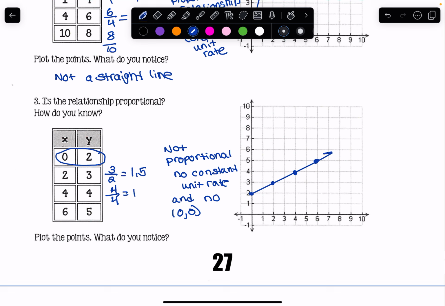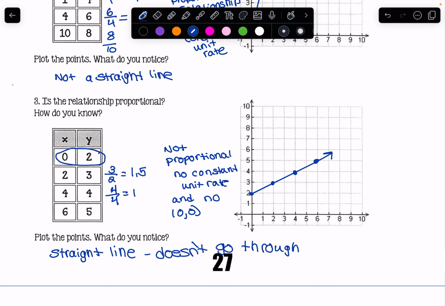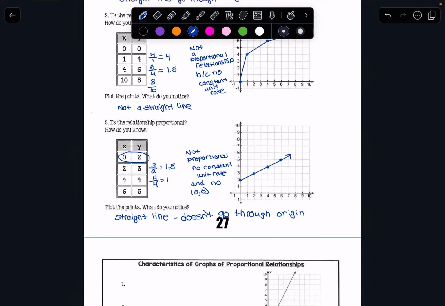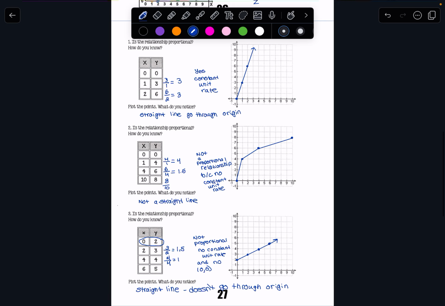So although this is a straight line, which our other proportional relationship was, this one doesn't go through the origin.